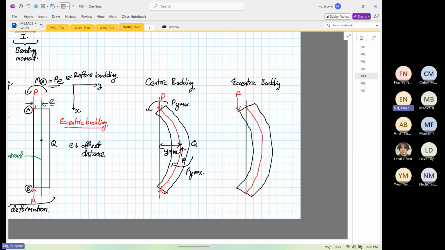And we know already before that we have a moment over here that is already P multiplied by E, right?